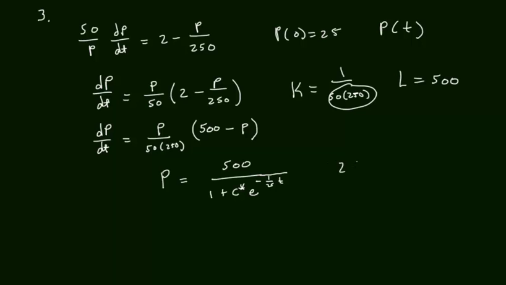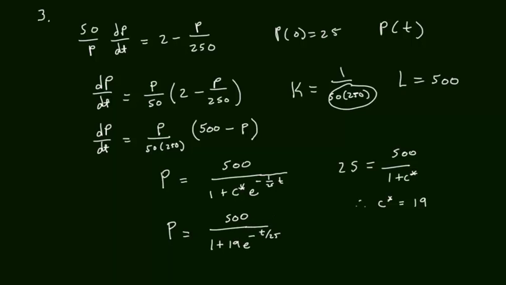With the condition 25 equals 500 over 1 plus C star, therefore C star is going to equal, now you'll want to do this arithmetic, 1 plus C star equals 20, so C star equals 19, and there we have it. 500 over 1 plus 19 e to the negative t over 25. That is our final model for P, and P will be growing fastest when P is 250.